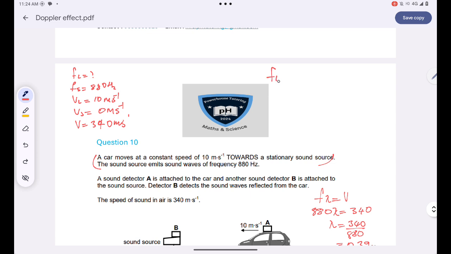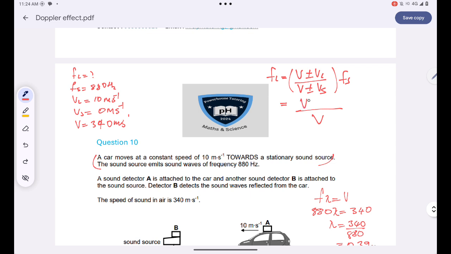So for me to find the frequency detected, I just need to substitute. My formula says fL is equal to (v plus or minus vL) over (v plus or minus vS), all multiplied by the frequency of the source. Remember that, guys, my source is stationary, so vS is equal to 0.